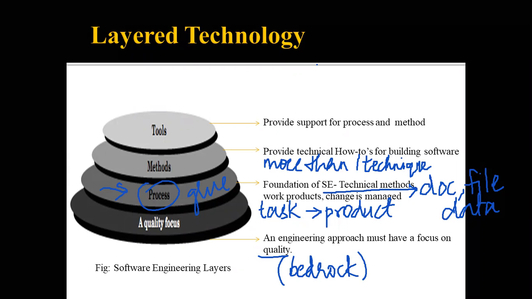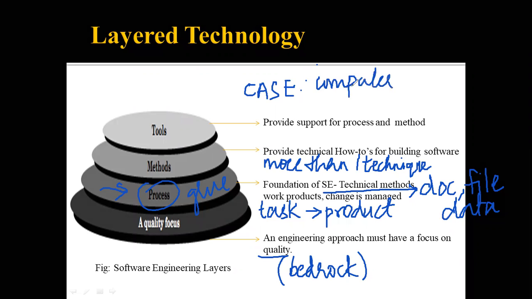In software engineering, the tools that you use are called CASE tools, that is, computer aided software engineering tools. These tools are going to help you design a particular software.